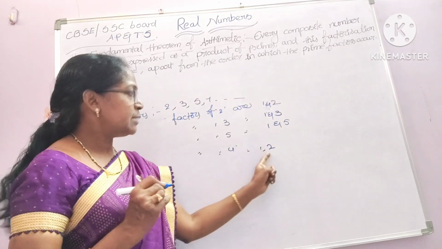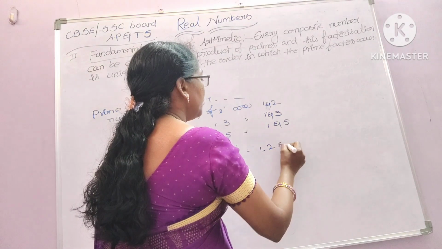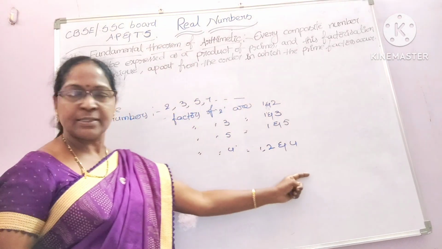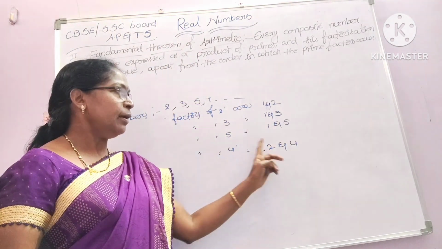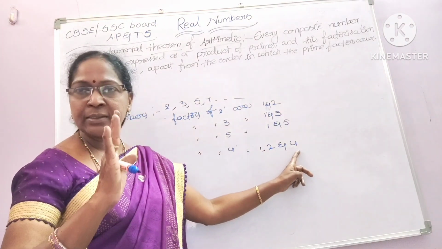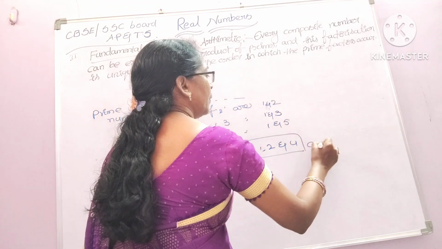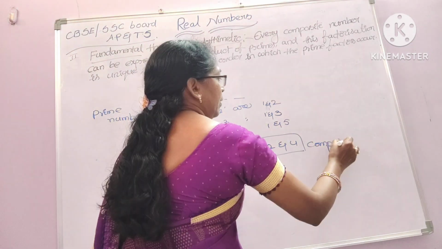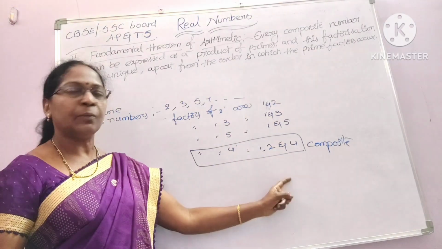No. Is 4 divisible? Yes, the number itself is divisible. So 1, 2 and 4 are the factors. How many factors are there here? 3 factors. So simply we can say that this is a composite number. More than 2 factors are there. Those numbers we call composite numbers.